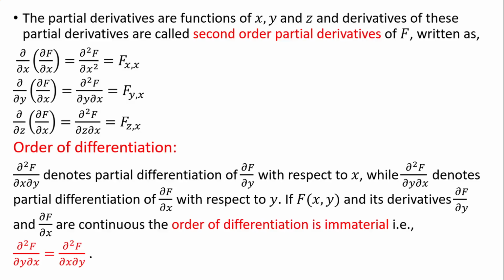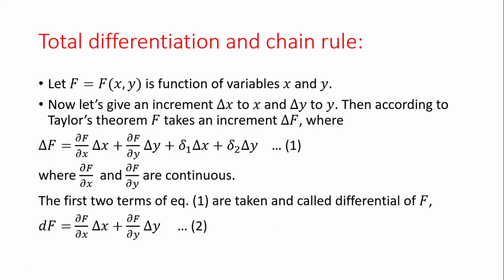Let us give an increment Δx to x and Δy to y. Then according to Taylor's theorem, f takes an increment Δf. Since f depends upon x and y, and x and y take increments, f also takes an increment.